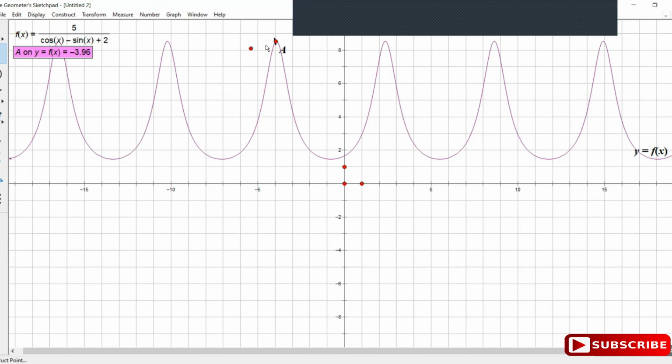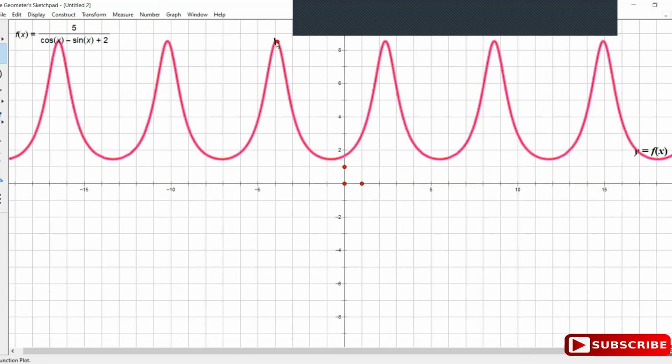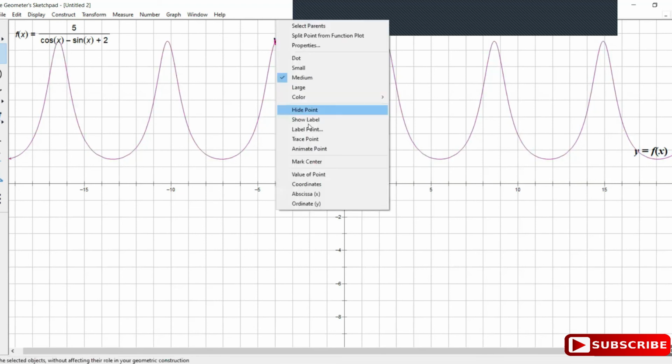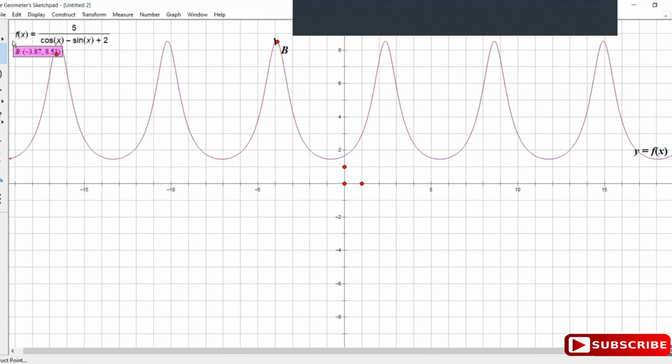We don't want the x coordinate, we want the y coordinate. So let's go back. Show coordinates. Look at the y value, 8.51, and it's because it's not exactly on the point. Should be exactly on it, that's it. And we can see that the y value is 8.53.